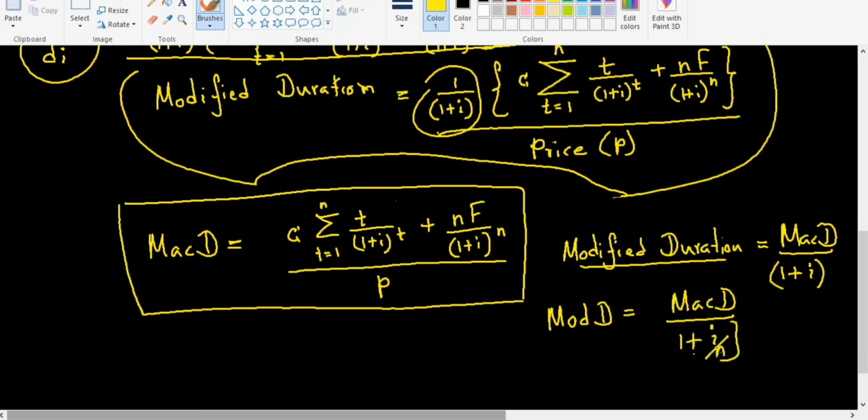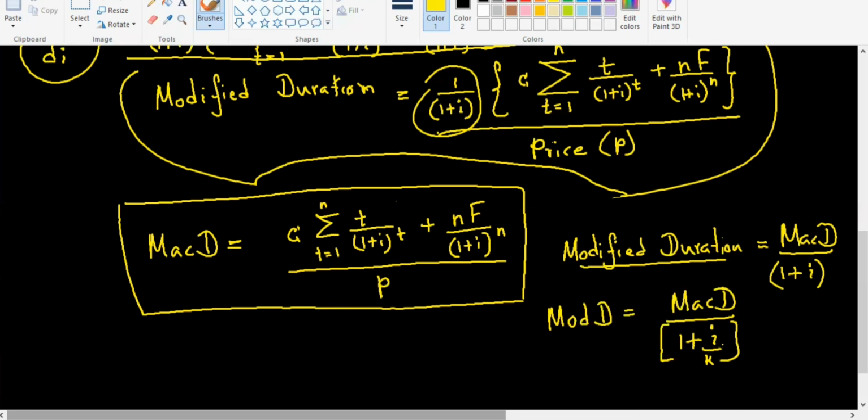This n stands for the payment frequency. Or else you can use another term. If you are getting confused, you can use a different letter, let's say k. So this is the relationship between modified duration and Macaulay duration.